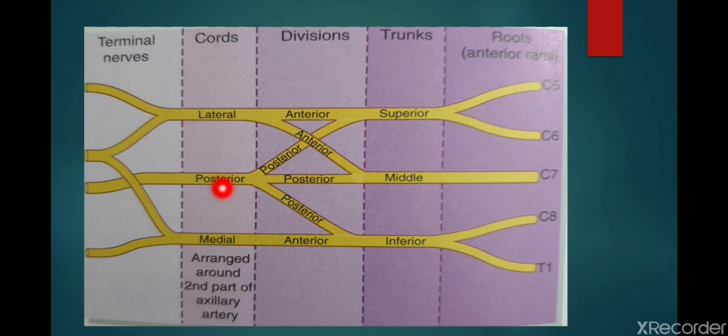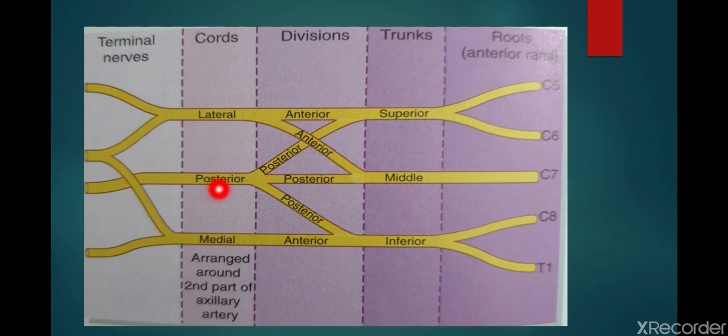Now we're coming to the posterior cord. Now before we come to the posterior cord, just notice that there is one anterior division left out of the three, right? So that is of the inferior trunk. Inferior trunk's anterior division continues to form the medial cord. Okay, so medial cord is formed by one anterior division of the inferior trunk, and lateral cord is formed by two anterior divisions, one from the superior trunk, one from the middle trunk.